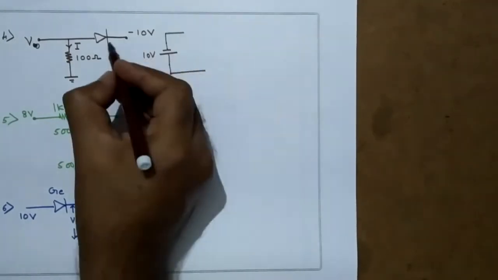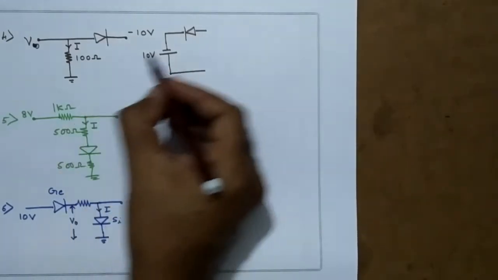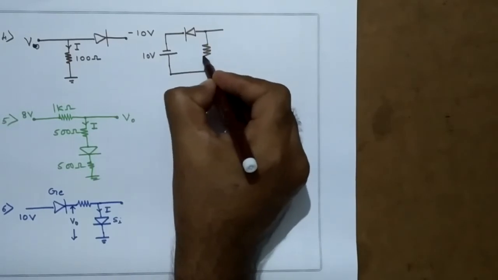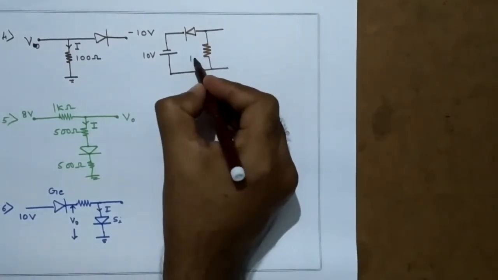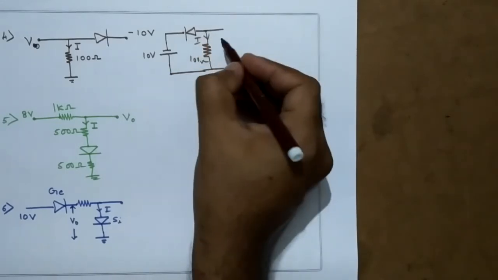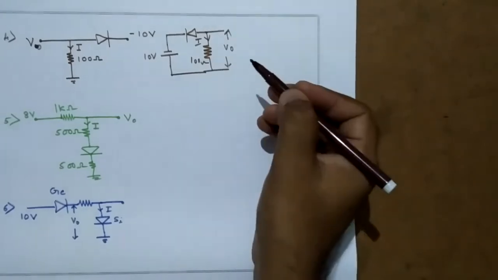And here negative is connected to the cathode. Like this. And here 100 ohm. And the current flowing through this is asked I, and here this is V naught.